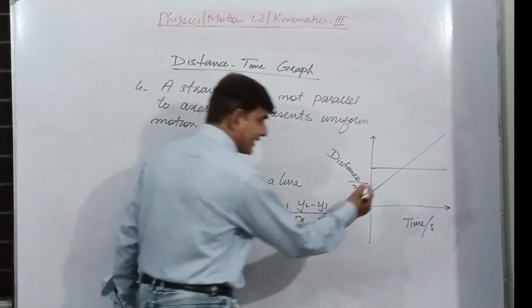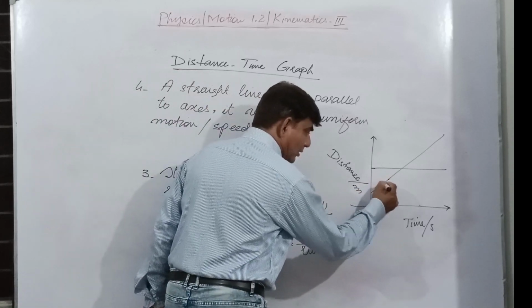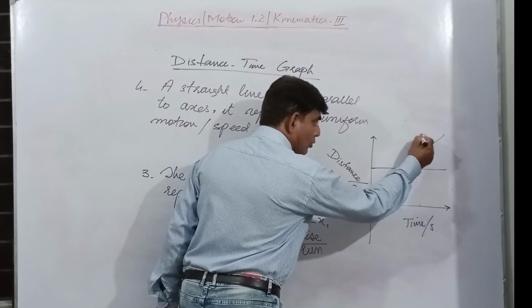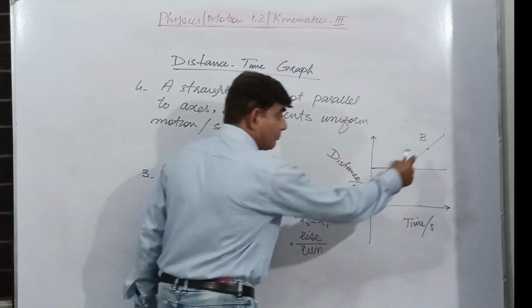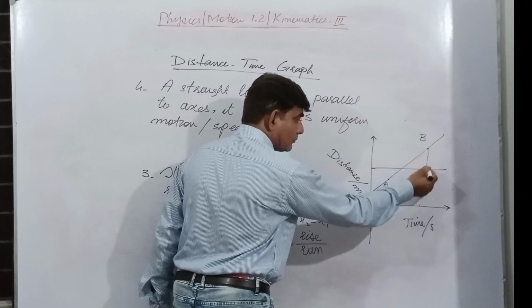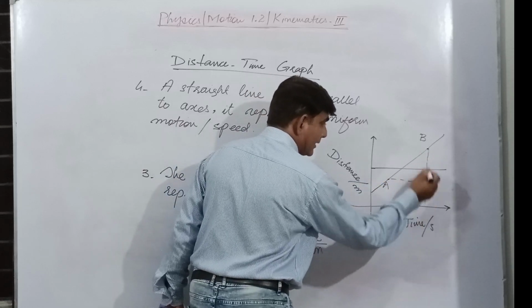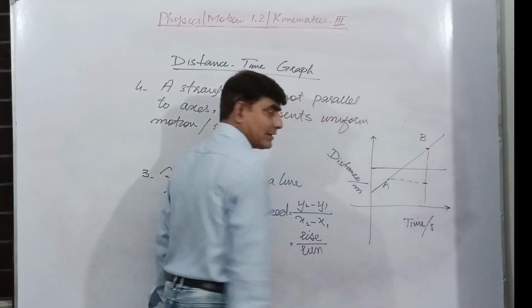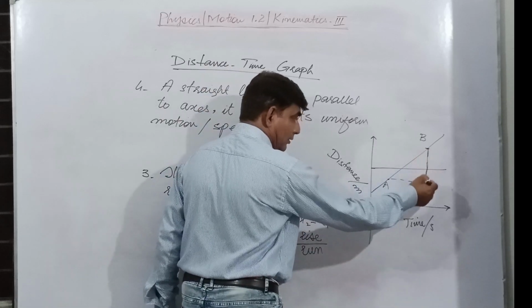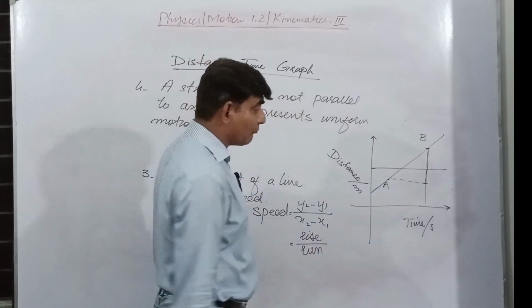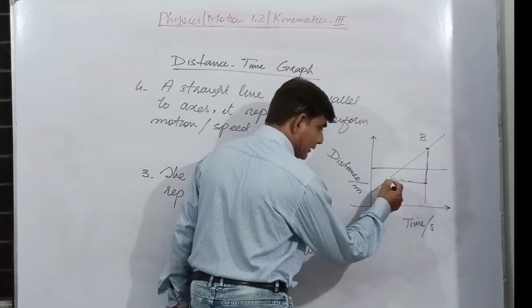Okay, now for example, if I consider 2 points, point A is over here, point B is over here. So what is the vertical distance between these 2 points? This one. What is the horizontal distance between these 2 points? This one.